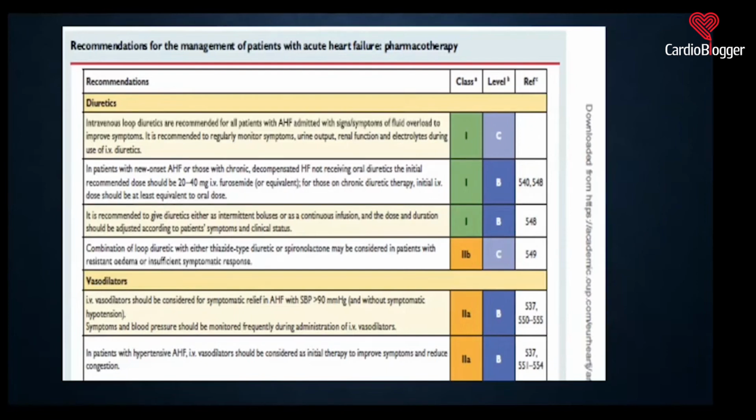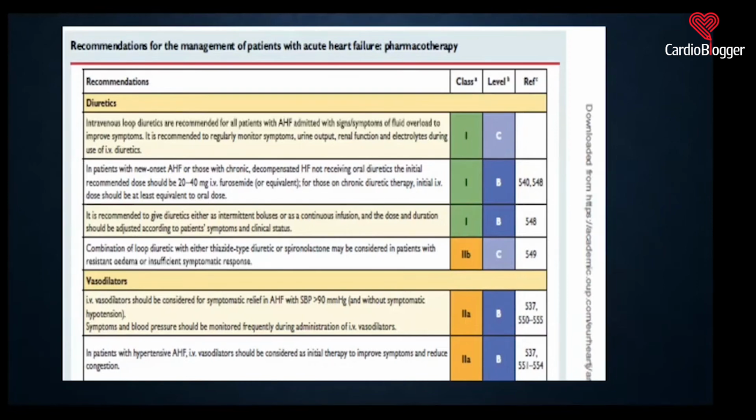Before, our practice was to give continuous diuretics, like we used to give loop diuretics IV, 20 mg 4th hourly, 6th hourly or 8th hourly.